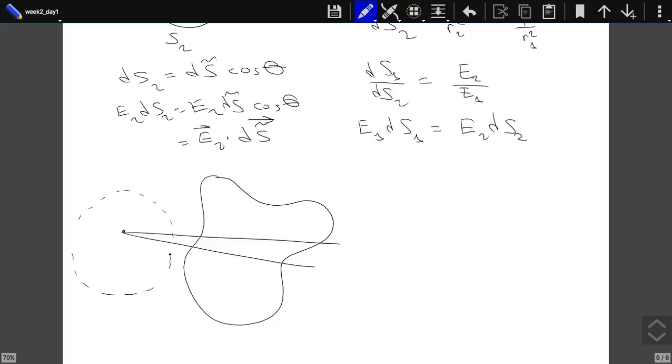Well, we had proven that ds times E at this point is equal to ds times E at this point. Well, ds dot E on this patch is also equal to ds times E on this patch. But remember, here the electric field is, let's say, if this is positive charge, ds dot E is negative. Here it is positive, but their magnitudes are the same. So if you just sum these two, you get 0.